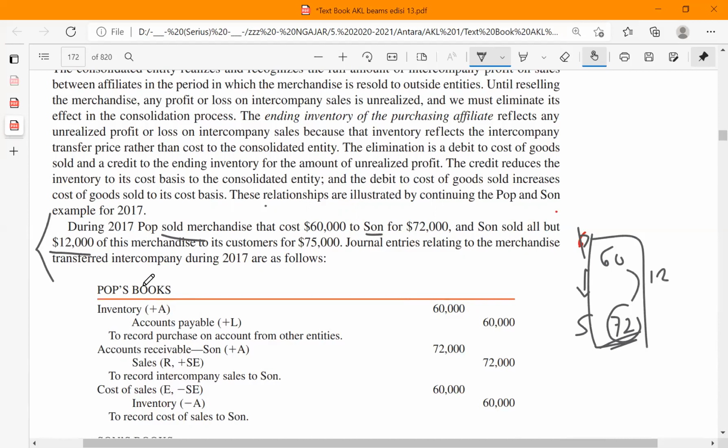The 12 here cannot be realized 100% by P because there is still inventory that is unsold by S. So we have to compute the real unrealized profit that occurs in this transaction.